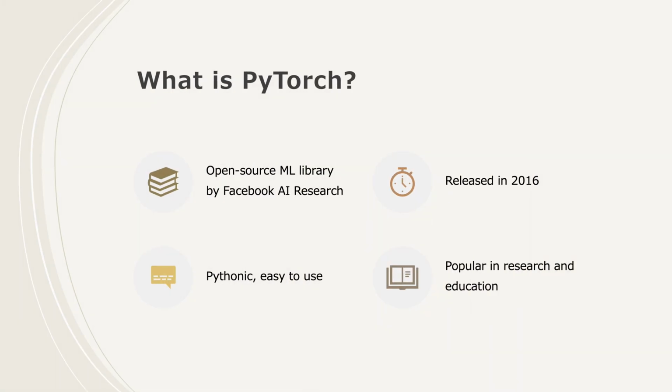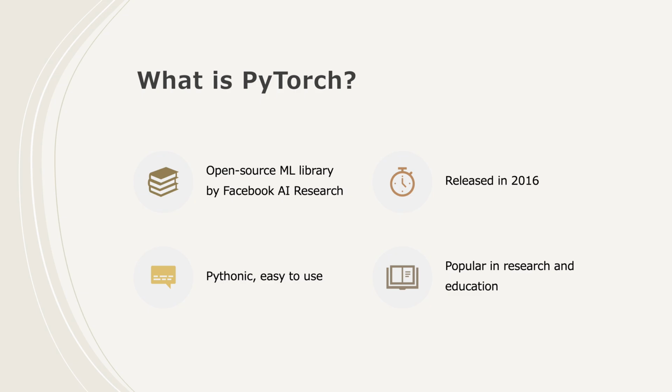PyTorch is an open-source deep learning library created by Facebook's AI research group and first released in 2016. Even though it's relatively new compared to older frameworks like TensorFlow, PyTorch quickly rose in popularity because of its simplicity and flexibility. One of the reasons researchers love PyTorch is that it feels very natural if you're already comfortable with Python.